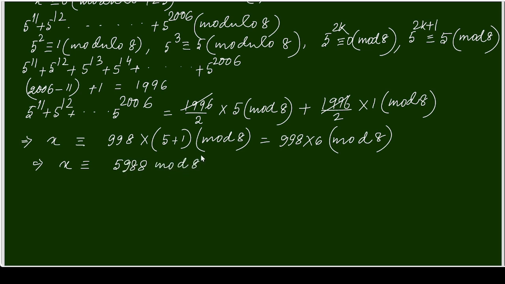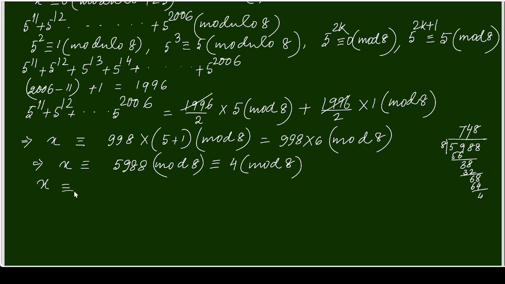So I'll divide 5988 with 8. 8 7s 56, 38, 54, 32, then 68, again 8s 64, 4 is the remainder. So it will be 4 modulo 8. So this is the second congruence. x is congruent to 4 modulo 8.